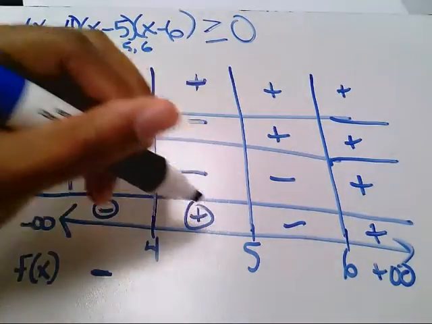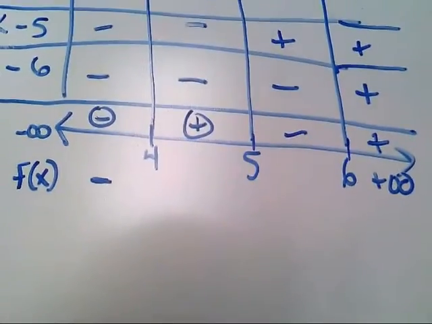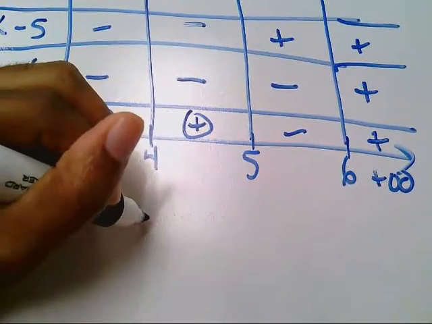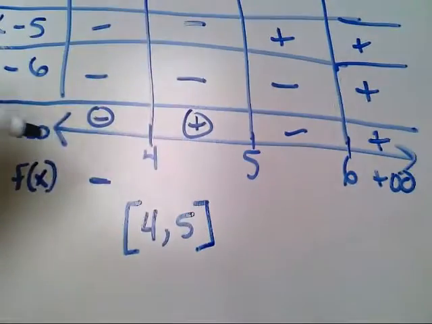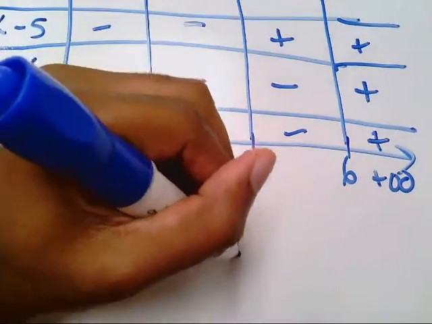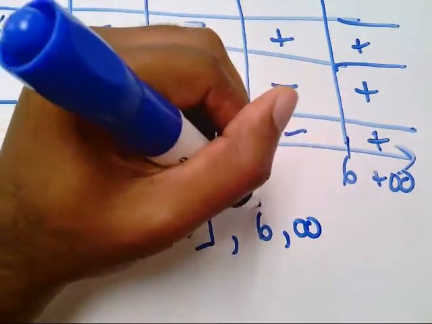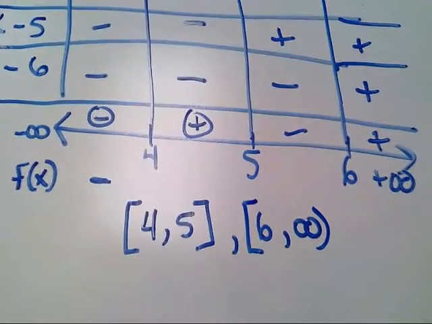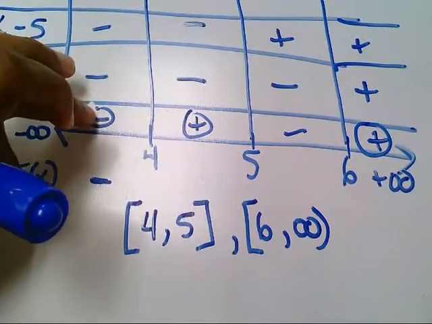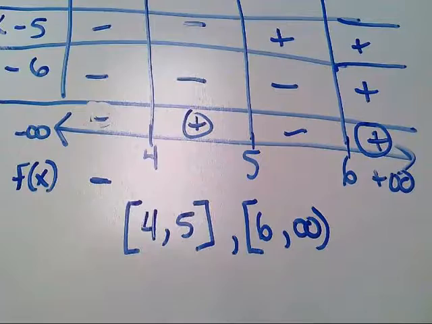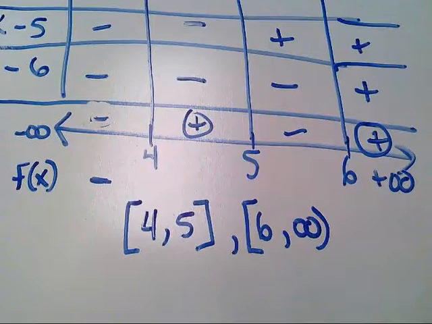So our solution is going to be from 4 to 5 inclusively, and then it's also going to be positive from 6 to positive infinity. The 6 is included, infinity always gets a parenthesis, because those were the positive sections of our function. The negative sections are not included because, again, going back to the problem, we want it where it was greater than or equal to 0.